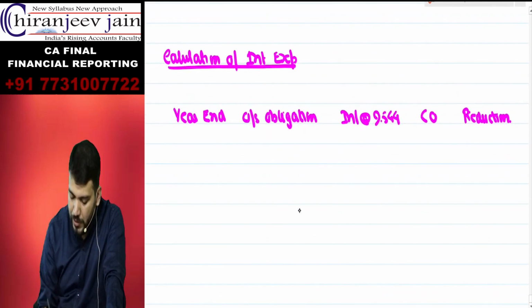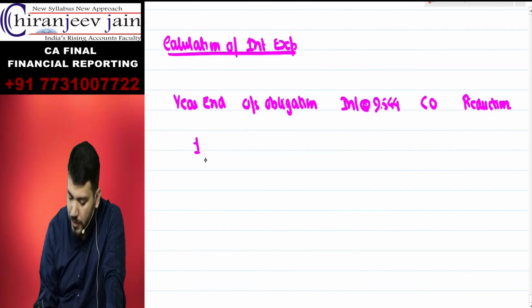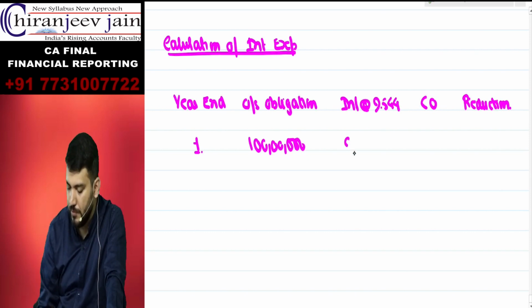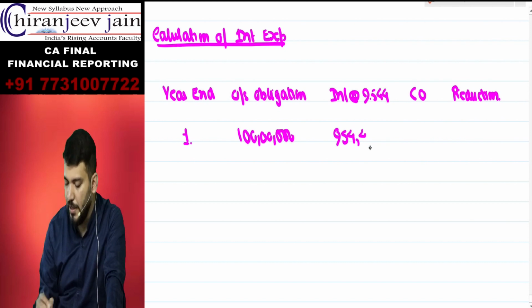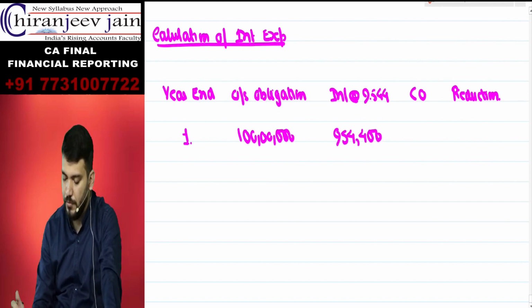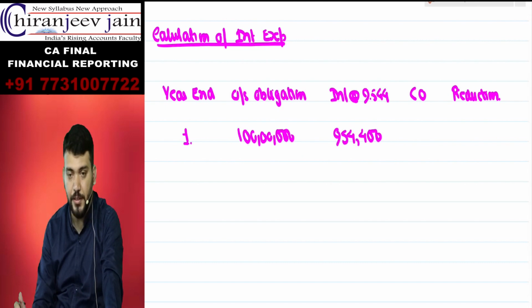Okay. So year end 1: it is 1 crore. But what is the interest expense? 9 lakh 54,400 now. 9 lakh 54,400.